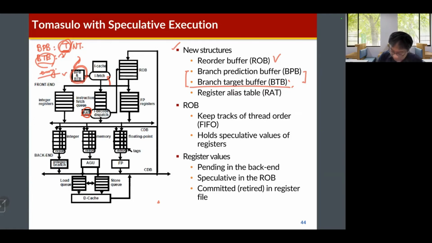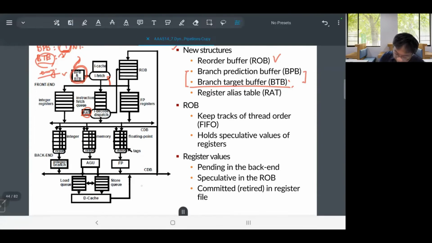You need to remember that in order to support speculative execution, we need to distinguish completion and commit of an instruction. Completion is similar to the static pipeline architecture: when the execution is performed by the ALU, the processor has the data for this instruction, the result of this instruction. It's the same.